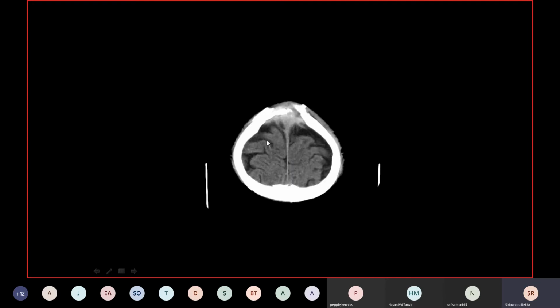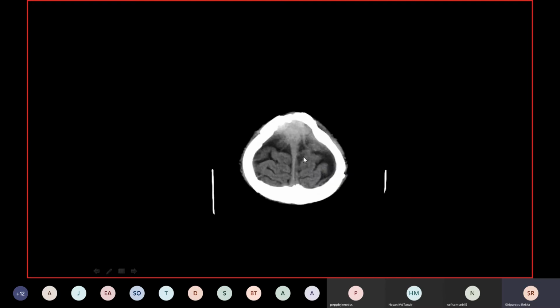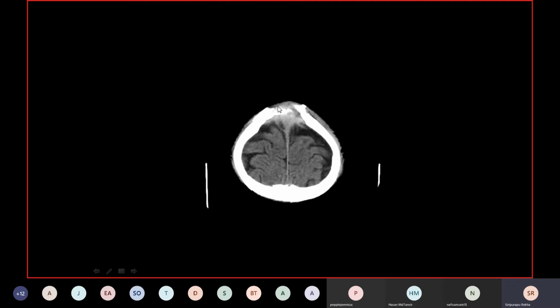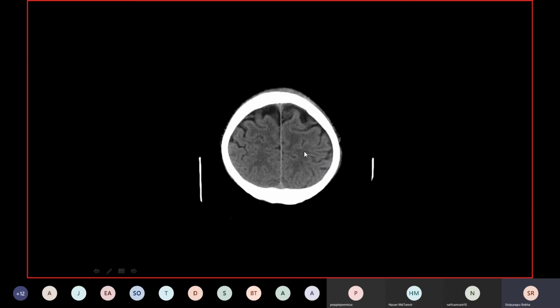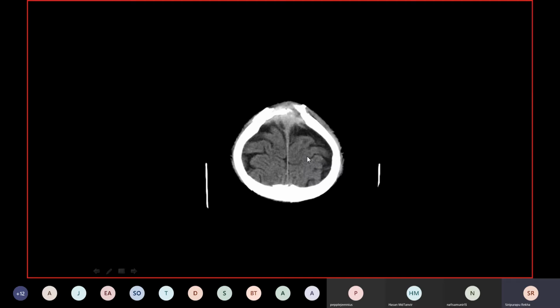As we start looking at the images up, what we see is that yes, there is calvarial injury here, and we see subgaleal hematoma, and there is also what looks like a little bit of blood just below the calvarium.